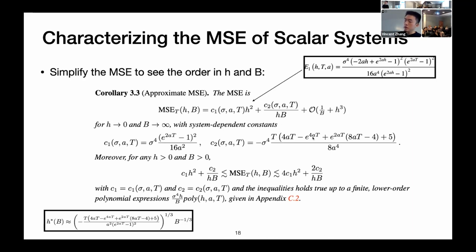Okay, so now how do we know that the higher order terms don't really matter that much? We now look at the bounds. We can derive these lower and upper bounds that both have the same order on H and B again. And yet again, they are the same.